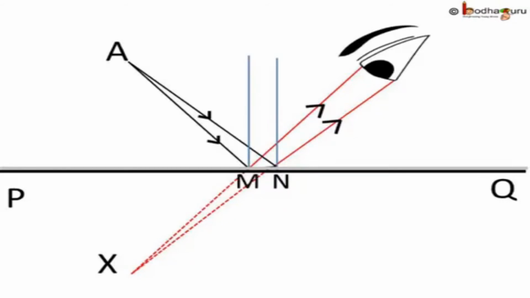If we extend the reflected rays backward, you would see that they meet at a point, say X. So, it would appear that rays are coming from a virtual point which is X. We can say that a virtual image of point A is formed at X.